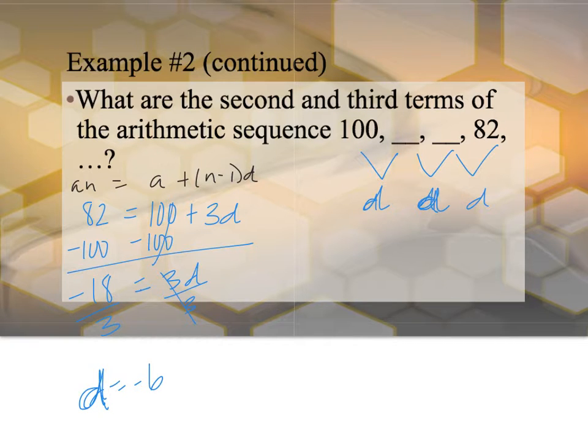So the second term of the sequence will be 100 minus 6, which is going to give us 94. And if I subtract 6 from that again, I'll get 88. And that makes sense because if I subtract 6 one more time, I'll get 82. So once again, we're still using the same formula from the first problem, just to find the second and the third terms. So let's actually now put this into practice.